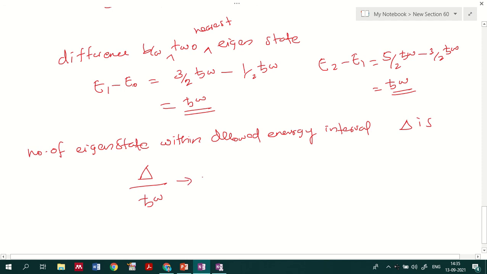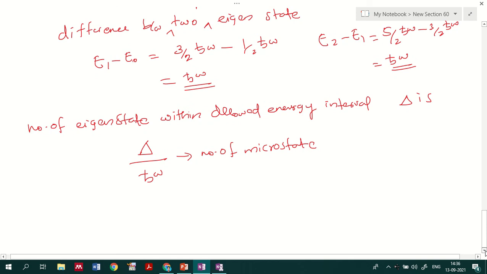So it is the number of microstates within the interval delta, that is delta by h cross omega.